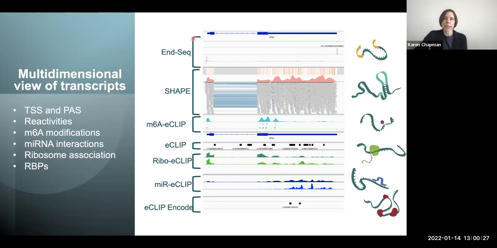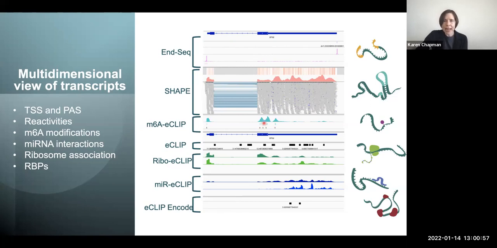But basically, just looking at this particular transcript, this is a relatively simple gene, BTG2 with 2 exons, and here's the 3' UTR. The End-Seq data, you get a 5' end call there. It's actually calling 2 different transcription start sites and a very precise single nucleotide 3' end call there that agree with the annotated transcript. Here's a heat map of the SHAPE reactivity, so you can see where there's hot spots for accessibility of that RNA.